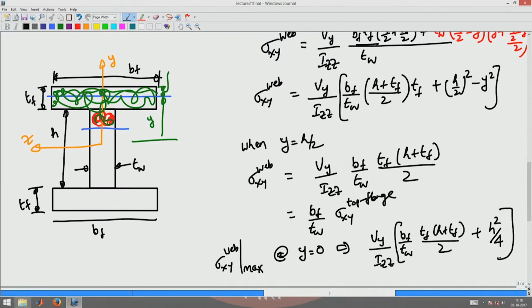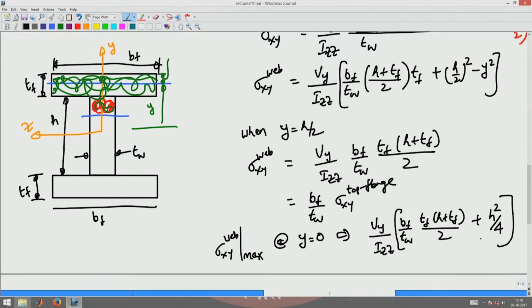Okay. So, that is the maximum value of the shear stress in the web. So, there is an additional term of h square by 4, to whatever was contributing from the other flange web interface.